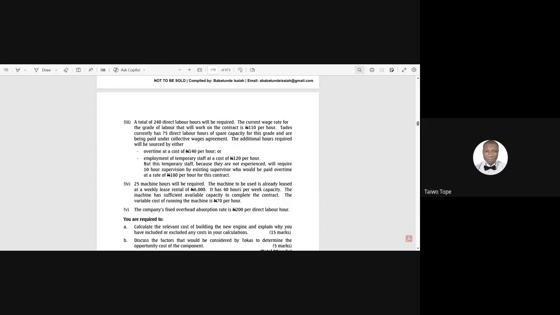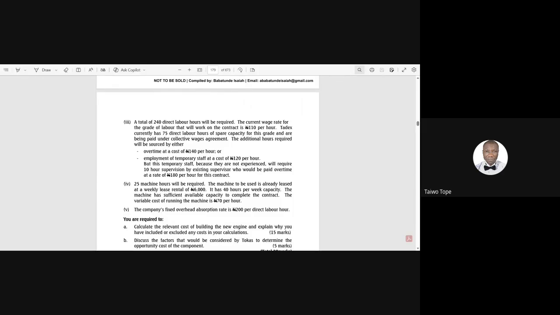Employment of temporary staff. When you employ temporary staff, because they are not permanent, you are paying them how much per hour? 120 per hour. Fine. In relation to this temporary staff matter, you need people to supervise them. And those that will supervise them will tell you that, madam, you will drop something.